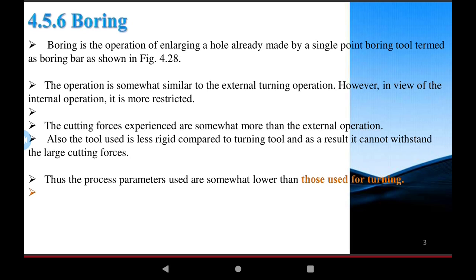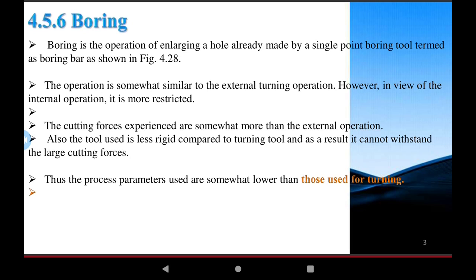Also, the tools used are of less grade compared to turning tools, and as a result they cannot withstand large cutting forces. In the external turning operation, large cutting forces are required, applied through the tool post. The tool post helps support the tool against the cutting force.